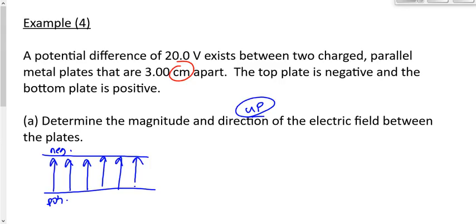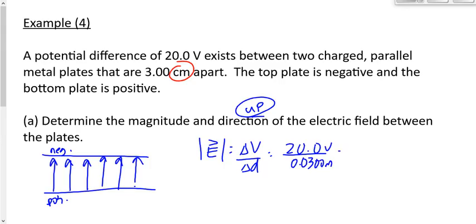Well, what about the magnitude? Well, I know something about the producer, but it's a uniform field producer, parallel plate producer. So we're going to use the producer equation for parallel plates. 20 volts divided by 0.0300 meters gives me 666.6667 newtons per coulomb.